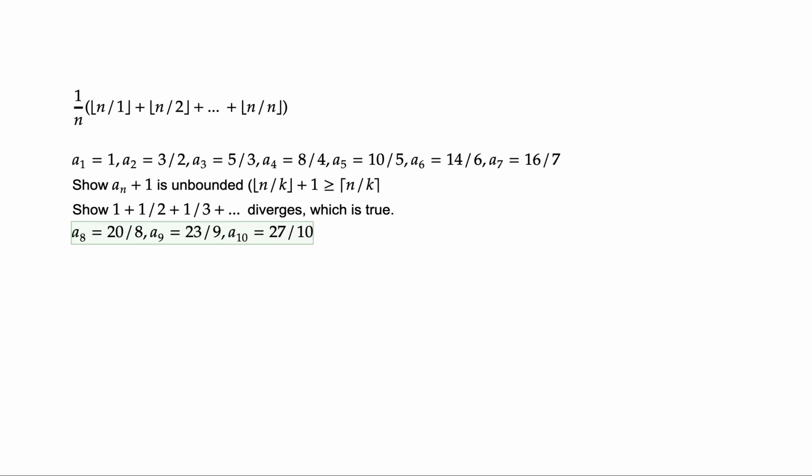And still an increase, and let's see what happens for primes again. So A sub 11 equals 1 over 11 times, so 11 plus 5 plus 3.